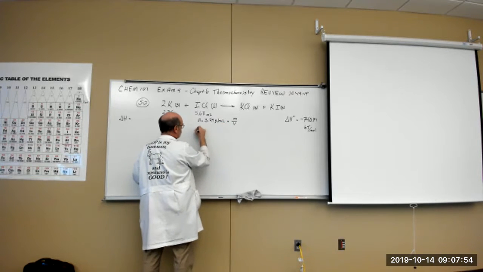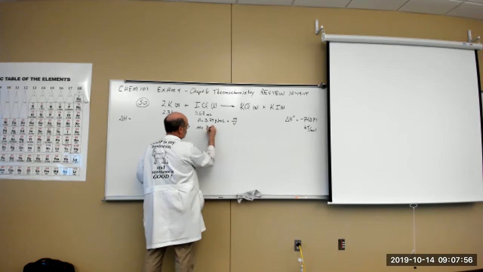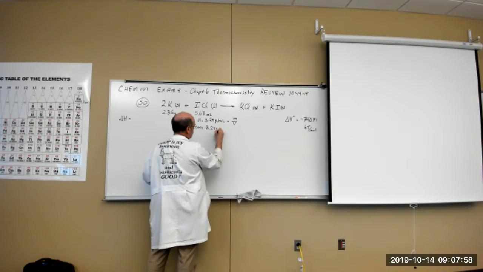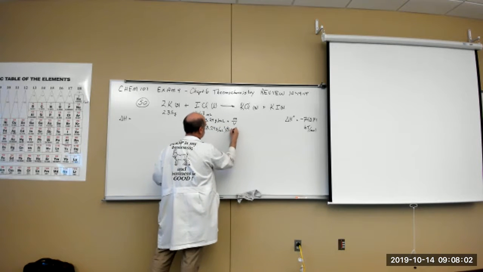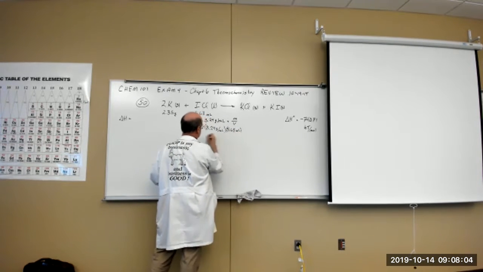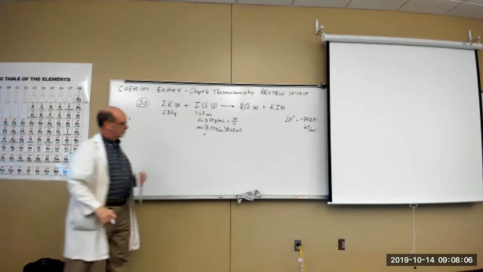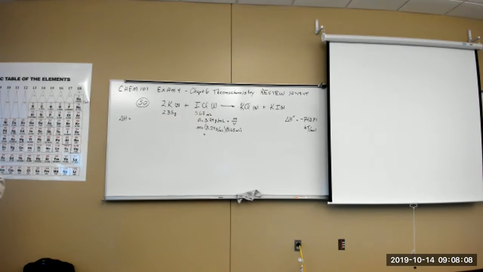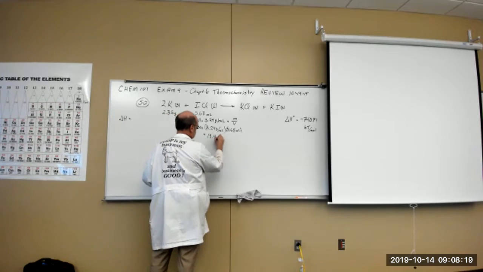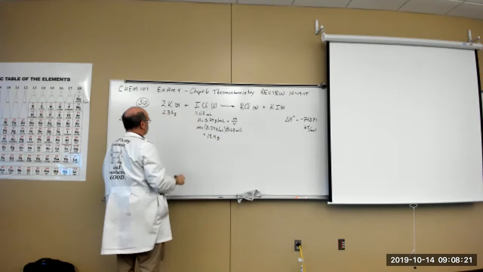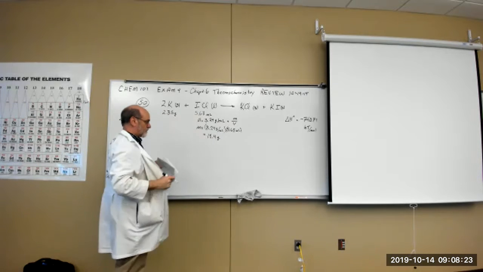So what we need is mass equals 3.24 grams per milliliter times 5.68 milliliters equals how many grams? I get 18.4 grams of that one. Now we've got grams and grams.